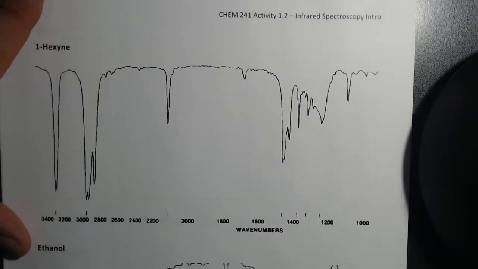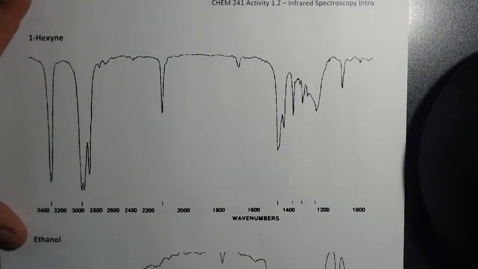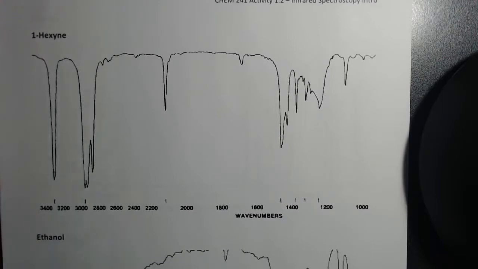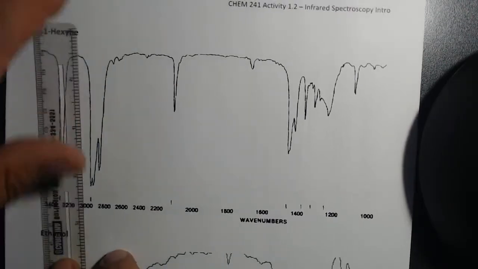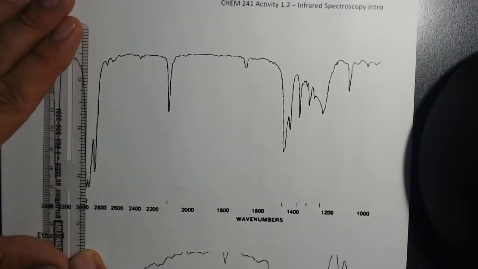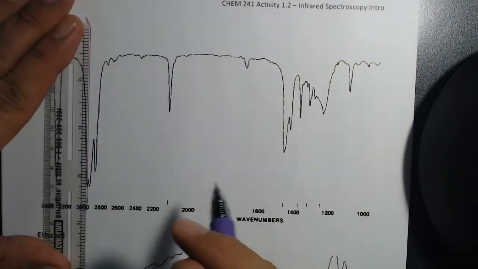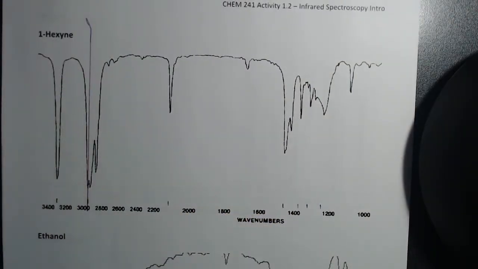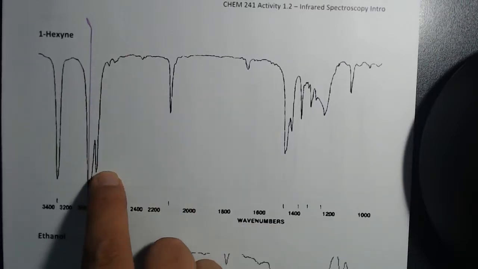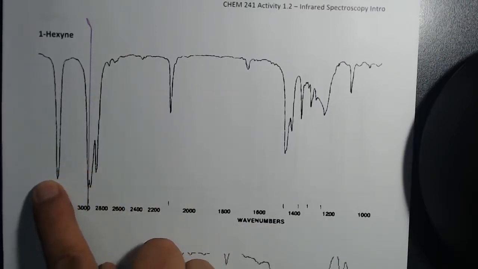Take a look at the next one. I want to go ahead and draw that line again, so it's at 3000. It looks to me like a bunch of this compound is keeping stuff to the right, but way over here, we have another signal.